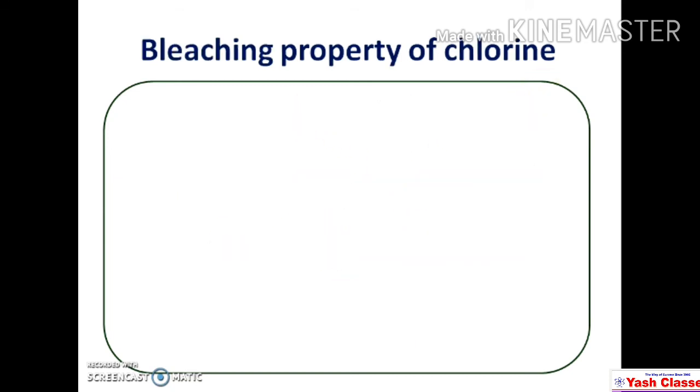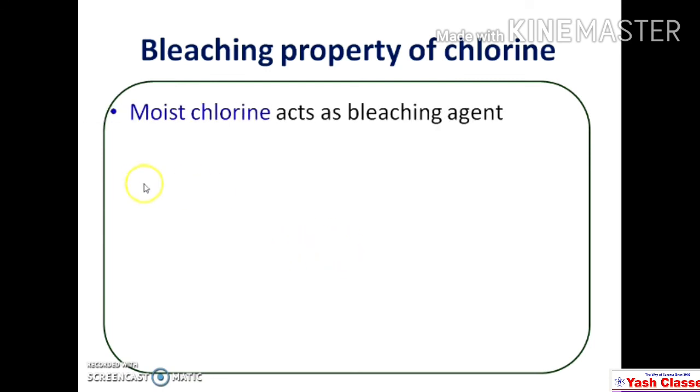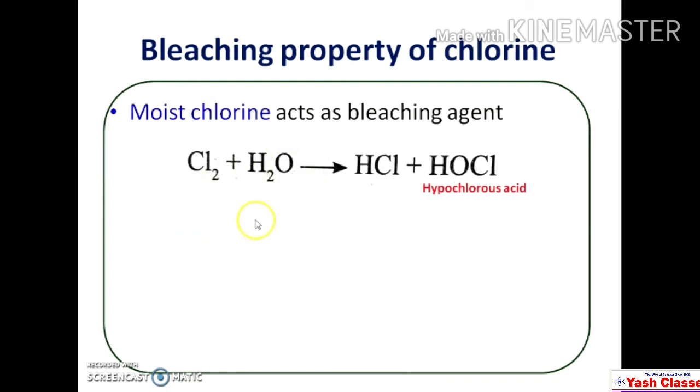Then the bleaching property of chlorine. So moist chlorine acts as a bleaching agent, and this is the reaction showing how it acts as a bleaching agent. When chlorine comes in contact with water, there is a formation of HCl and hypochlorous acid, HOCl.